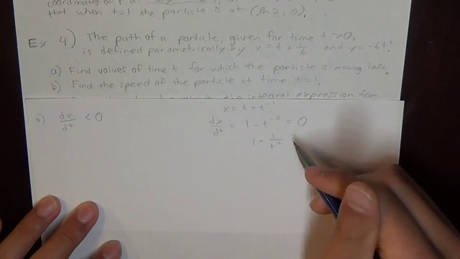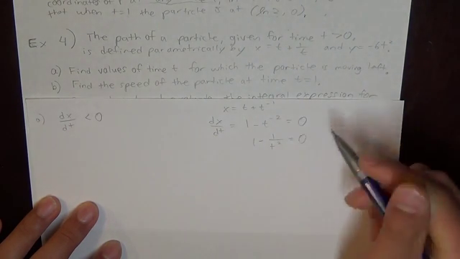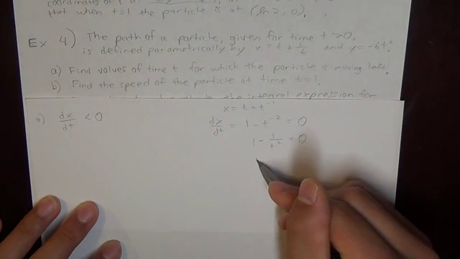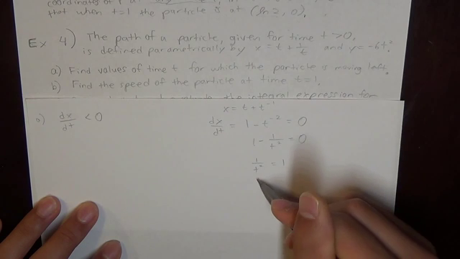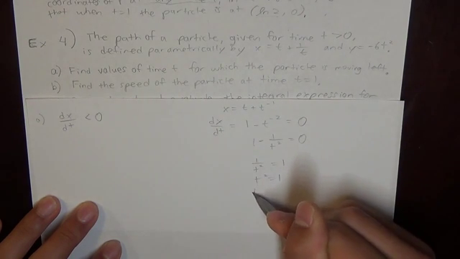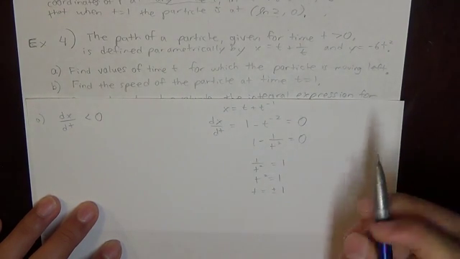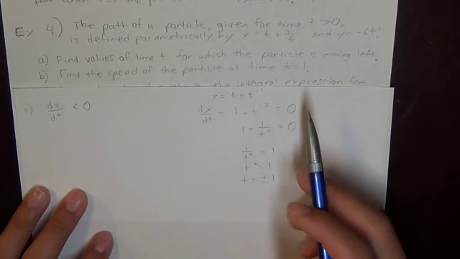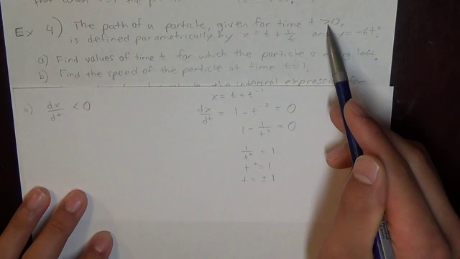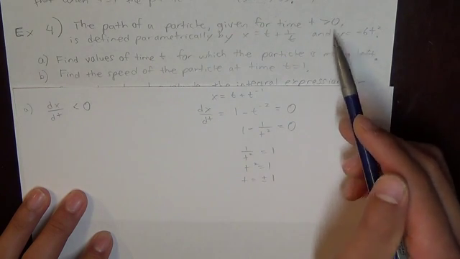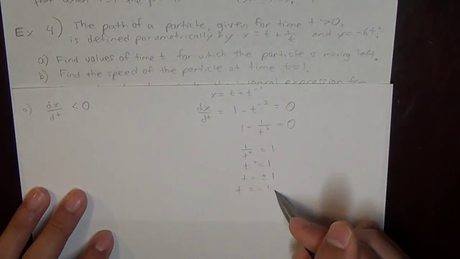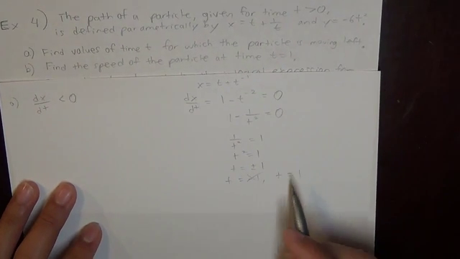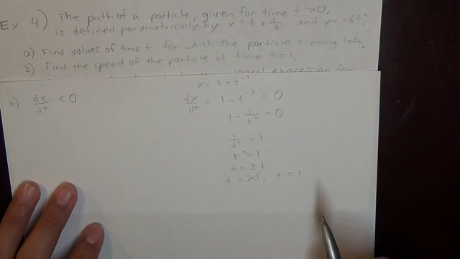When we rewrite this and solve for t, you get t equals plus or minus 1. But the problem says that t has to be greater than 0, so we can knock out t equals negative 1 and just look at t equals 1.